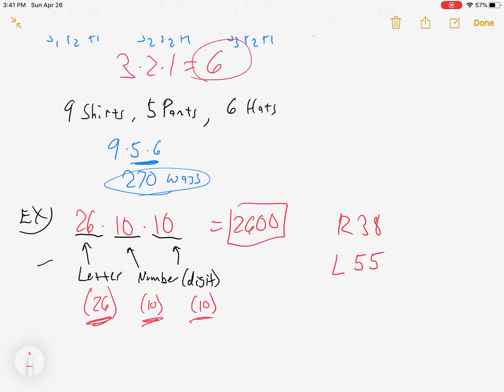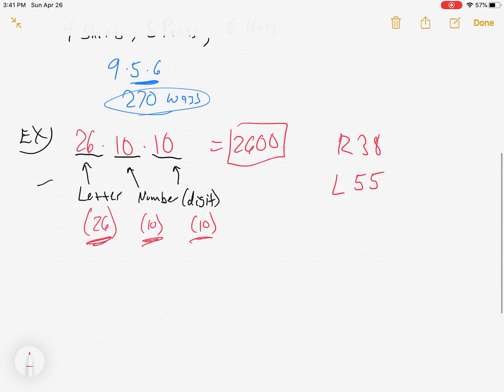So just like before, you can just multiply these together, which is 2,600 possible passwords. So, like the example the book gives, R38 as a password, or L55 would be a password.